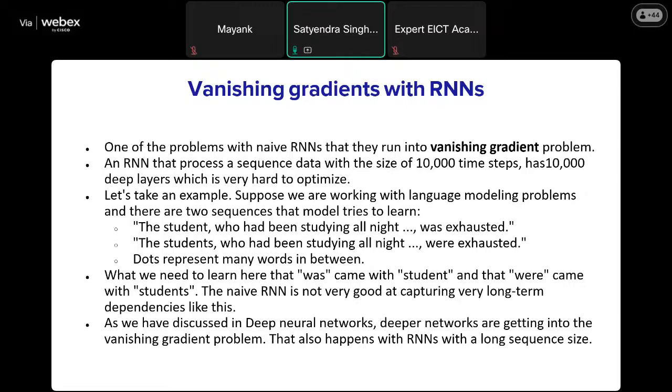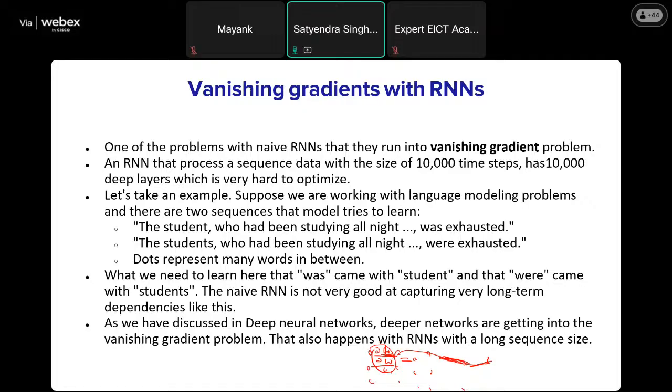You might have heard about this vanishing gradient problem with neural networks as well, where in a deep neural network where you have multiple hidden layers, when you perform backpropagation and calculate the gradient, meaning the derivative with respect to the loss function, those derivatives, when you want to update, let's say, the initial layers, so to calculate del L by del W, let's say here you have W1, it involves the calculation of gradients from the last layer to this layer, and the multiplication of those derivatives in turn gives the derivative for this.